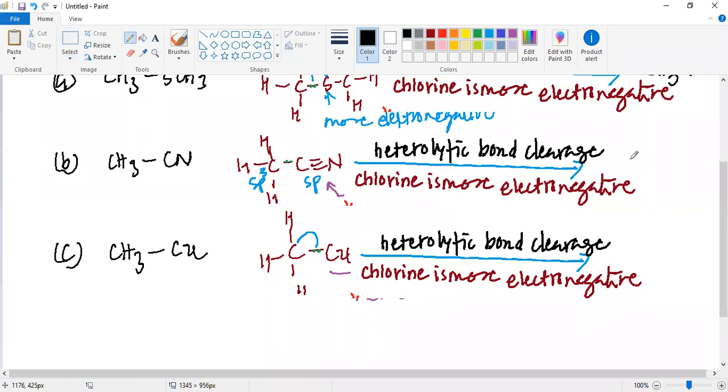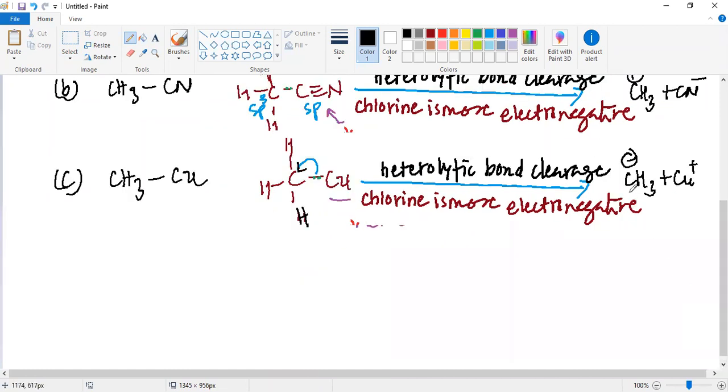It's very easy for us to understand. And here we are going to get CH3 minus and Cu plus, because both the electrons go on carbon, and that is why there will be a negative charge on carbon, and thus we will get CH3 minus here.